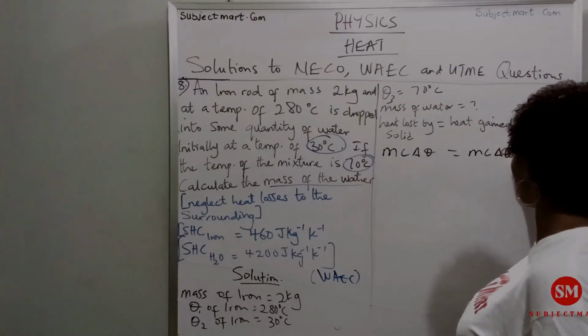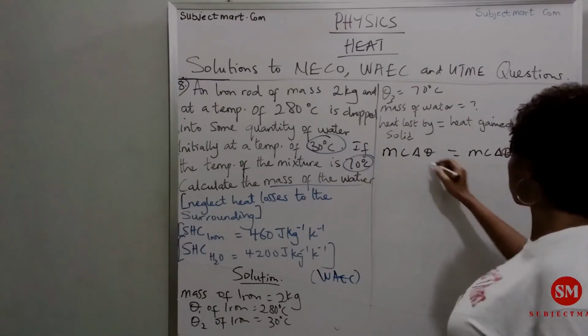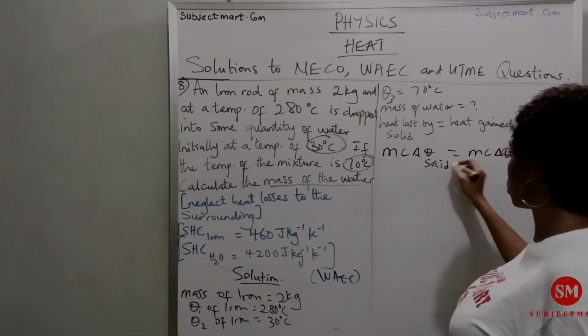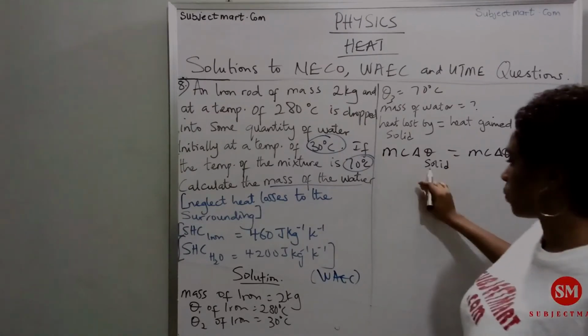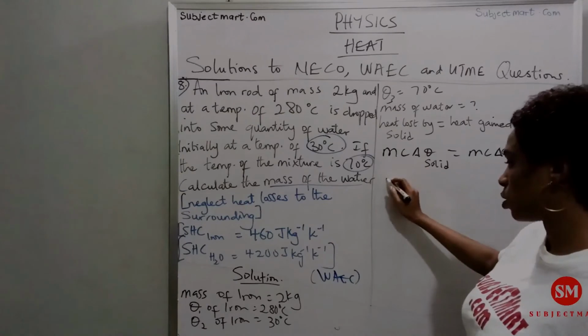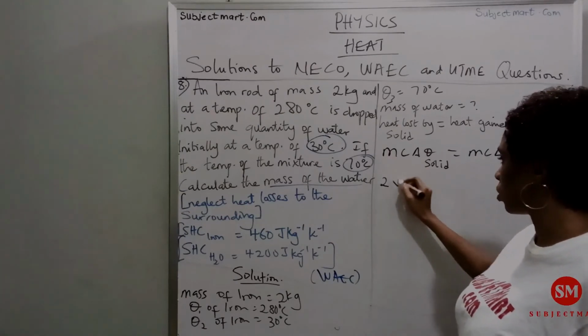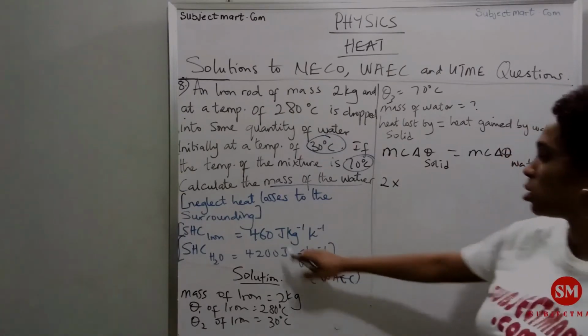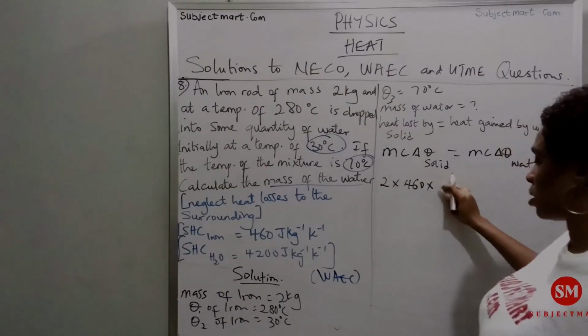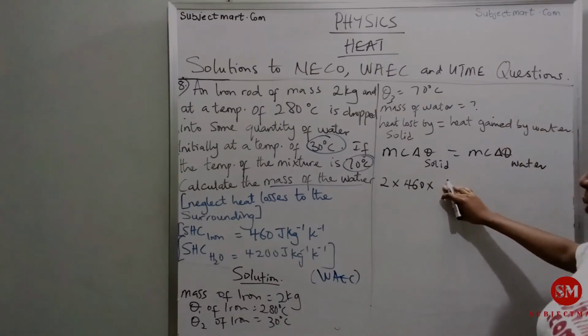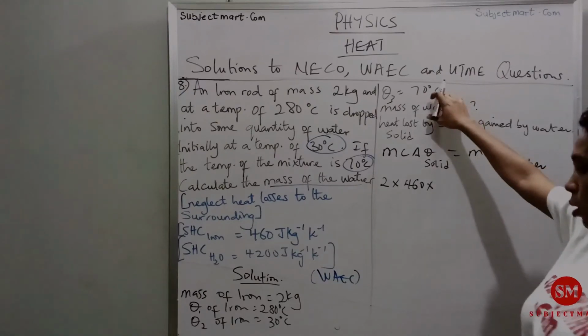MC change in theta, water. Solid. So my M from here, mass of the solid, which is iron, is 2. The specific heat capacity of iron is 460. The change in theta is theta 1 minus theta 3.